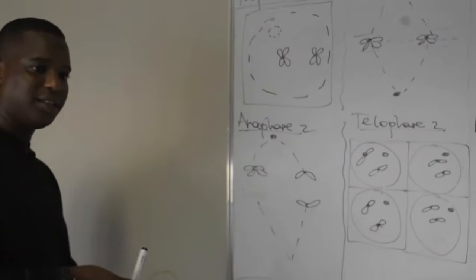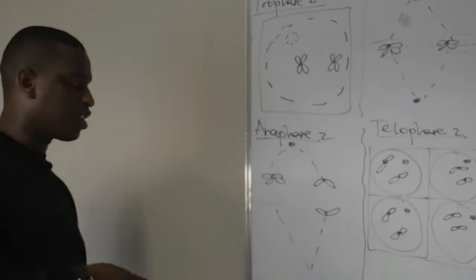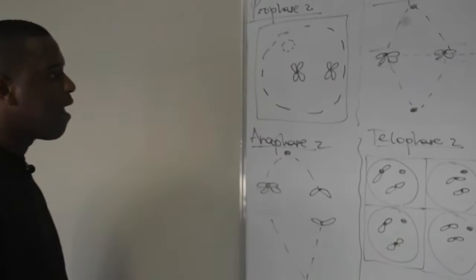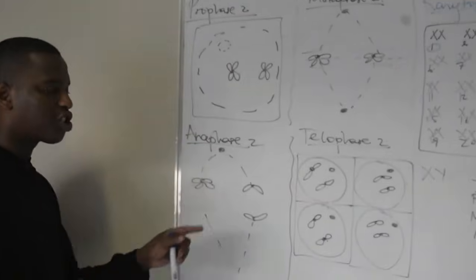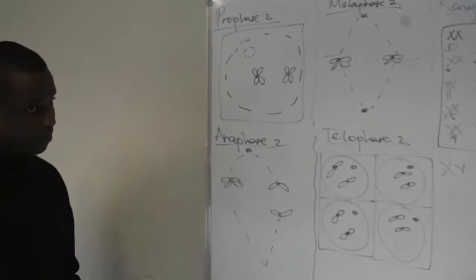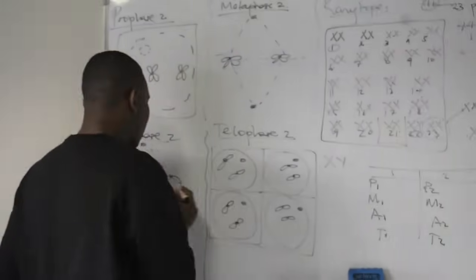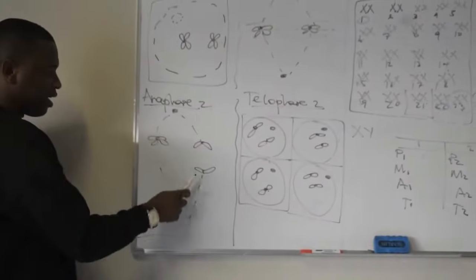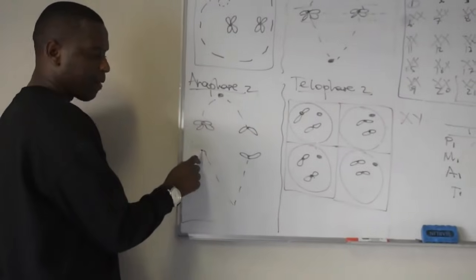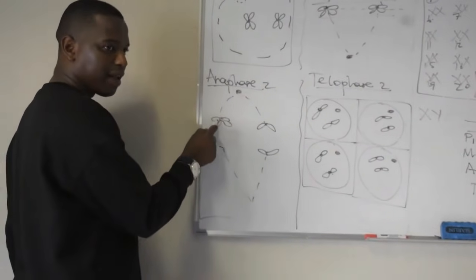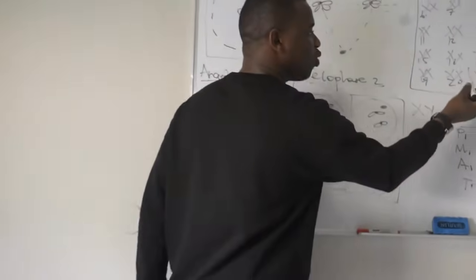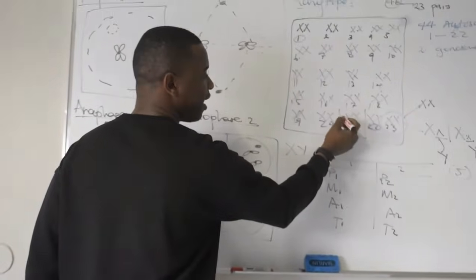They failed to separate. It is called non-disjunction. How is this non-disjunction going to affect the karyotype? It will result to an extra, because if you look at this, we are short here, and we have an extra one here. So it's going to go to karyotype number 21, and it adds the extra chromosome.